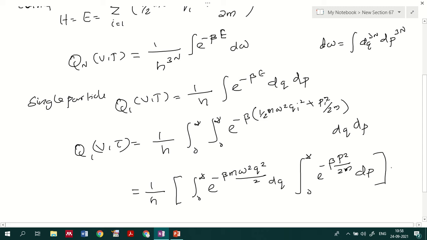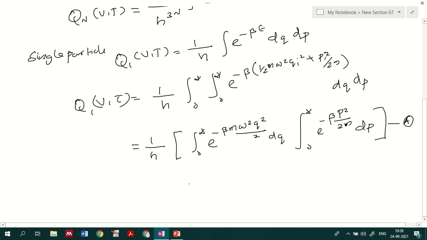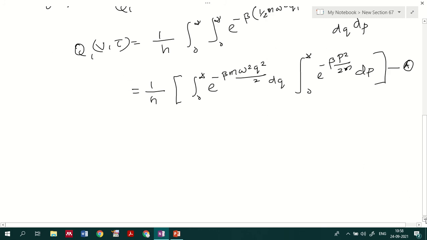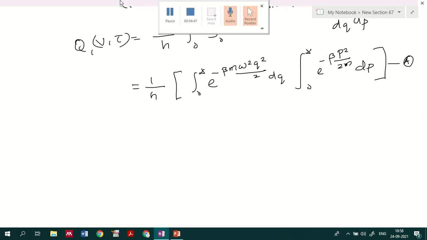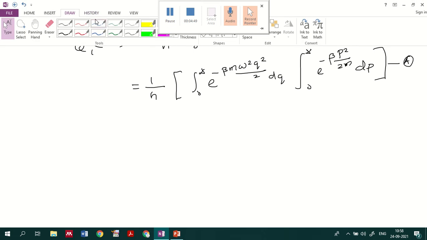Okay, so let me keep this as equation number A. And now let me say that a equal to beta m omega square by 2, and then we'll have a representation corresponding to that. For example, before coming to that, let me give you a general representation for evaluating this equation.